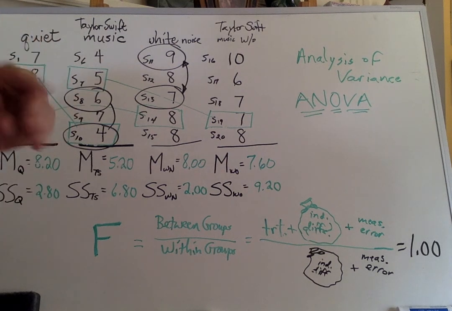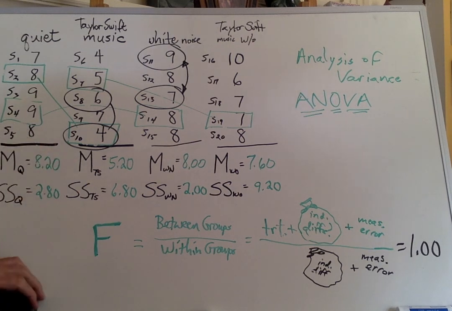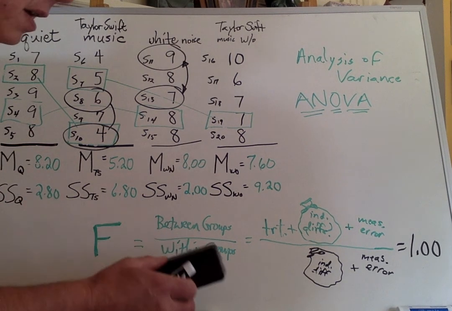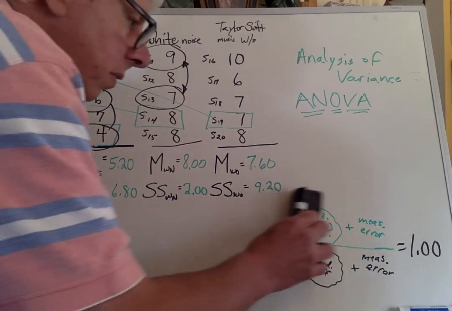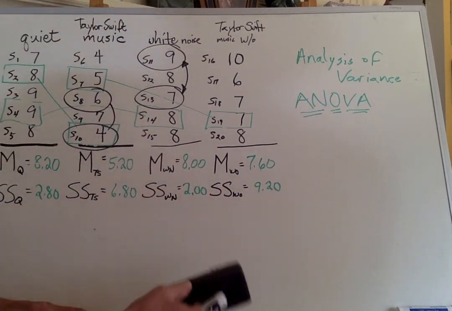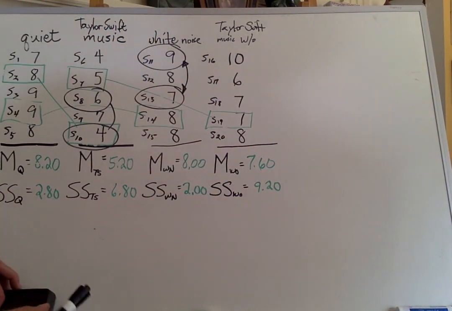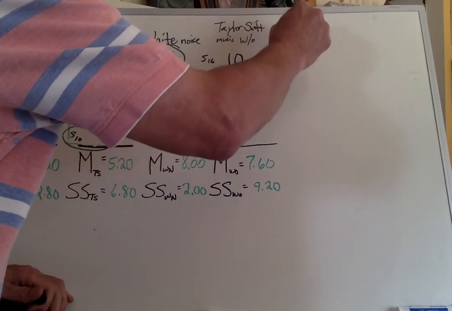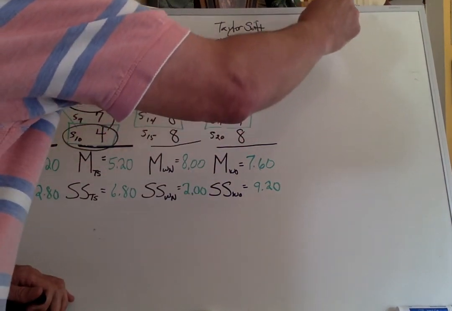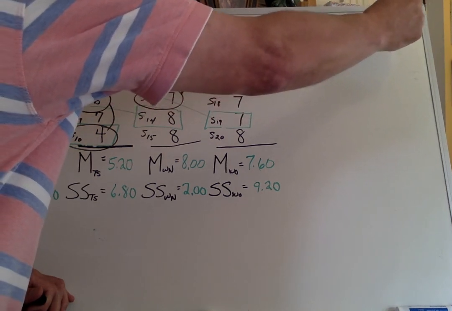Okay? So, to do our analysis of variance, we are going to create, okay, you guys have this in your notes, right? We're going to create, can you fit it in here? We're going to create an analysis of variance, ANOVA, summary table.